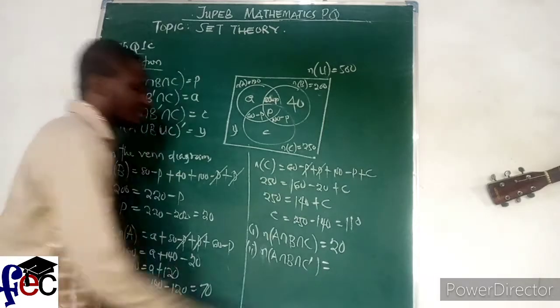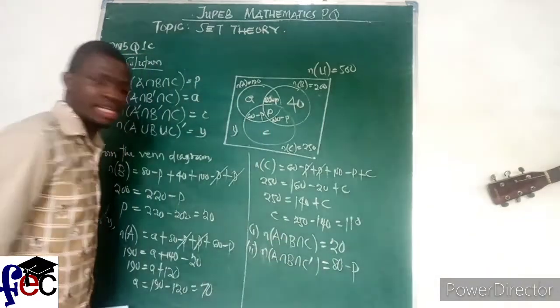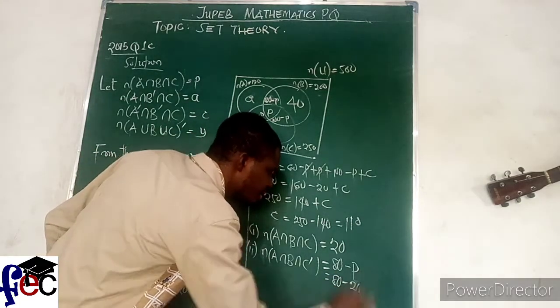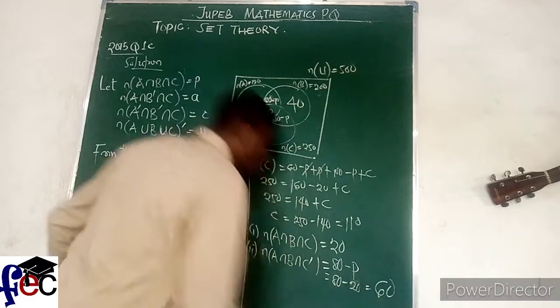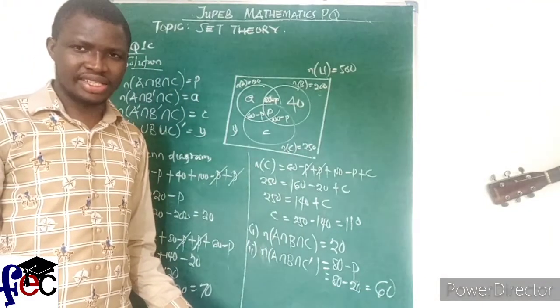And what is that? 80 minus P. And what is 80 minus P? 80 minus 20, which is 60. Do you see it now?